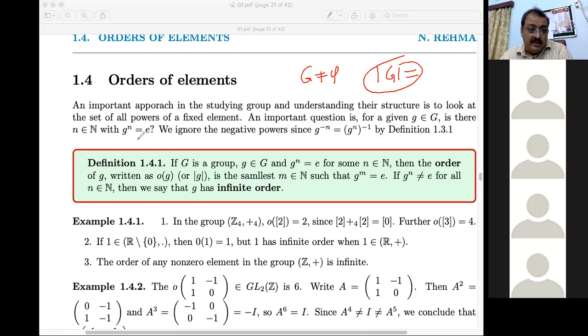What happens if g to the power n is equal to identity, if n is some natural number or positive integer? We ignore the negative power since, by the laws of exponents, we said that g to the power minus n is the same as g to the power n, to the power inverse. Why?